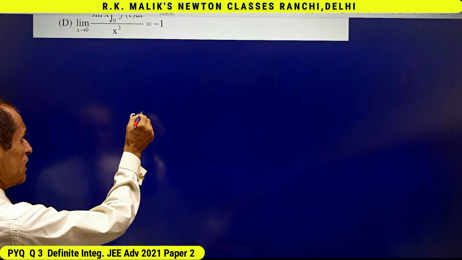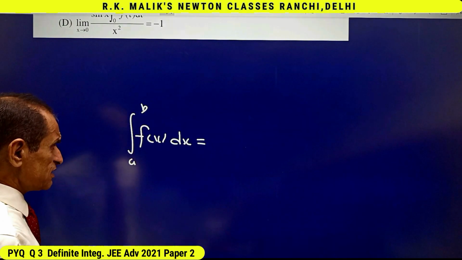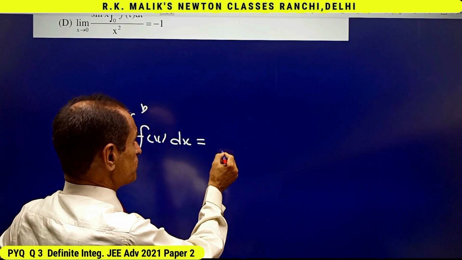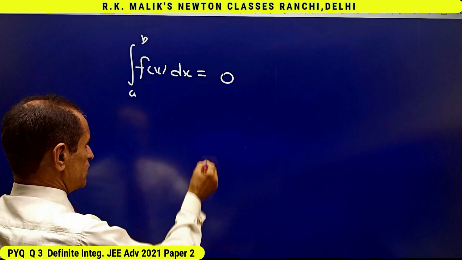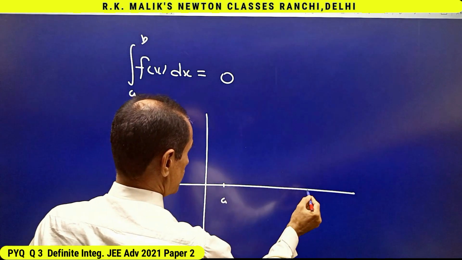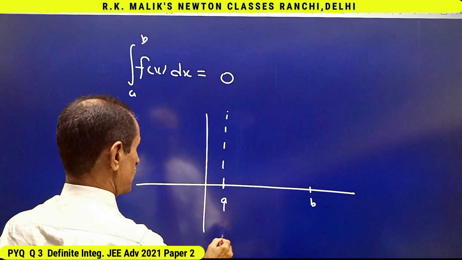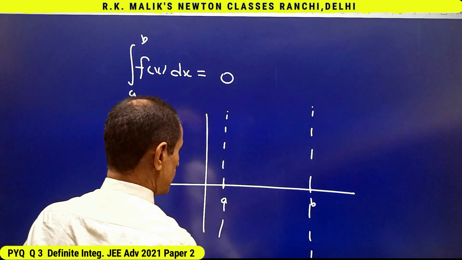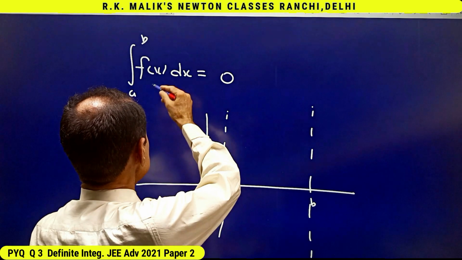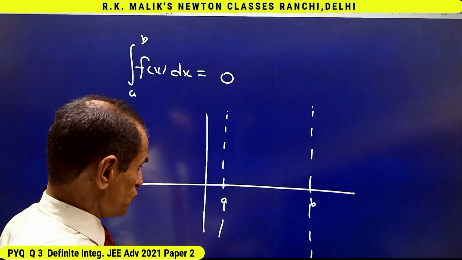Suppose f(x) is some continuous function in the interval a to b and the integral is coming to be 0. It surely means that between these two lines, the areas bounded by the graph above the x-axis and below the x-axis are sure to be equal.